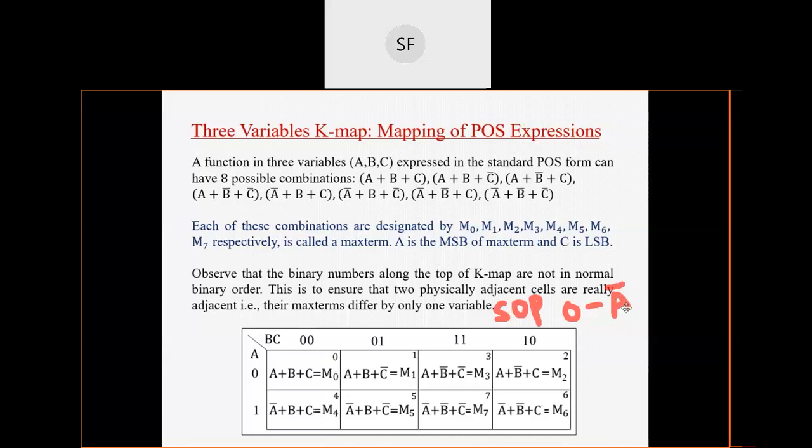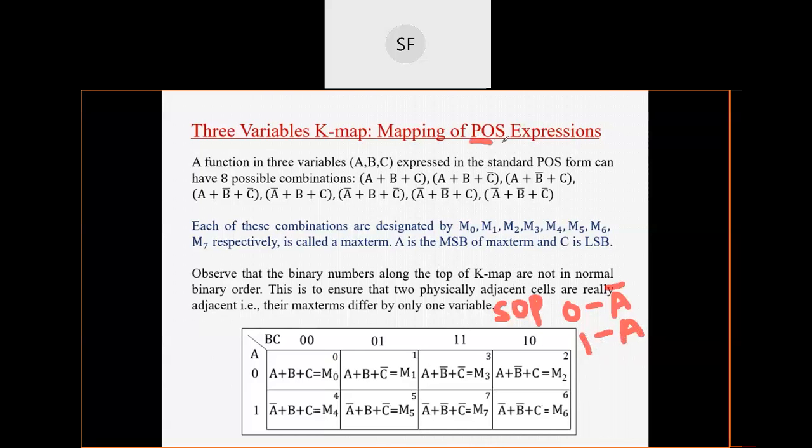If A bar is given, then you take the corresponding value as 0. If 0 is there, you take the complemented value of that variable, whereas if 1 is present, you take the uncomplemented value. And again vice versa, when you have to get the value from the variable, for the uncomplemented value you take 1 in SOP.